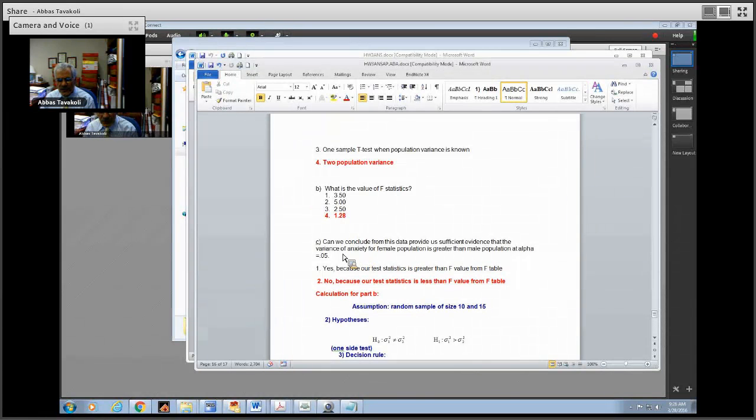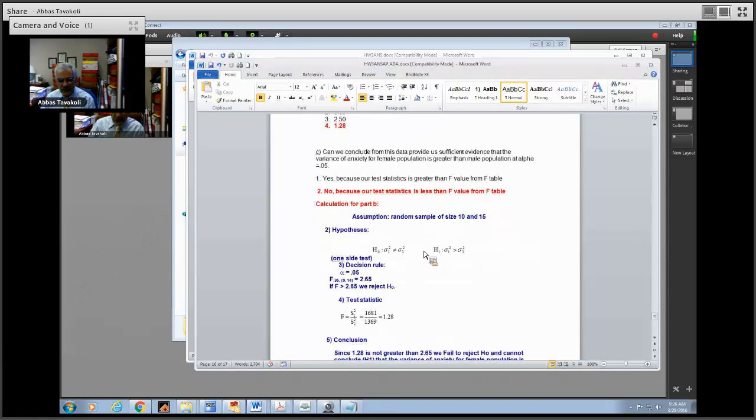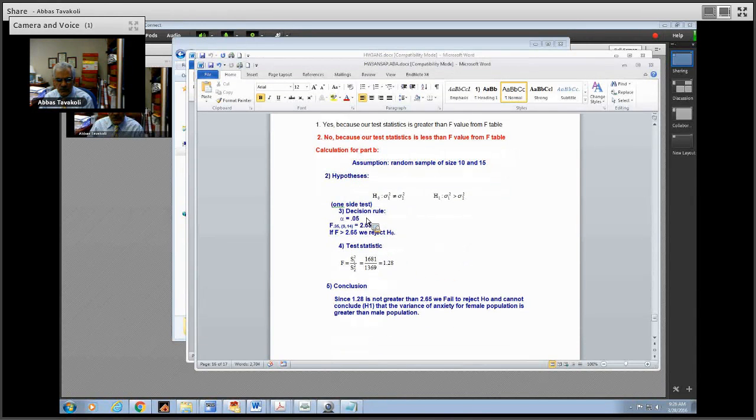For question 9, now you have two samples and the test is on two population variances. The question here was, can we conclude from this data that the variance of anxiety for females is greater? So it's one-sided because you have direction here. So here we set up our hypothesis. Again, it's directional: for females, sigma 1 squared is greater than sigma 2 squared.